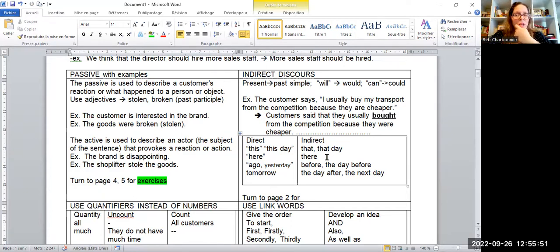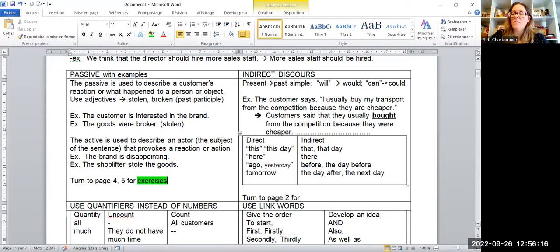If they say yesterday, then it's going to be the day before. And if they talk about tomorrow in their direct speech, she said she would go there the next day or the day after. Okay, so we have some examples on page 2.